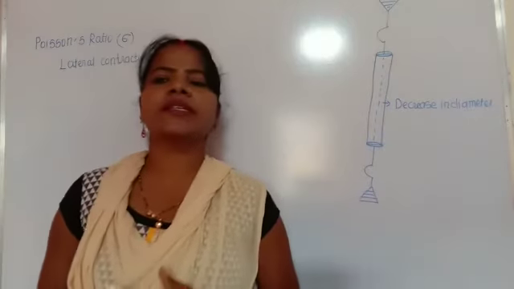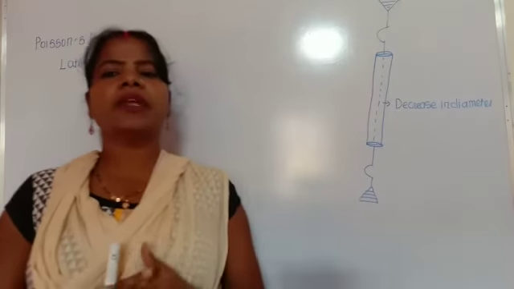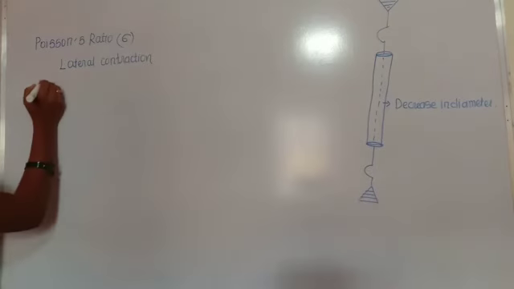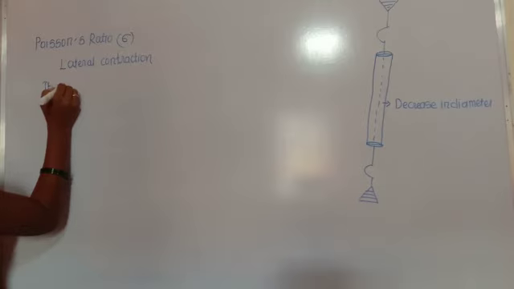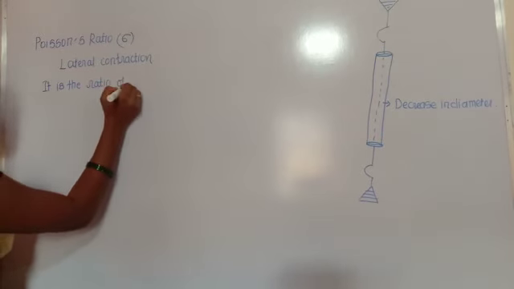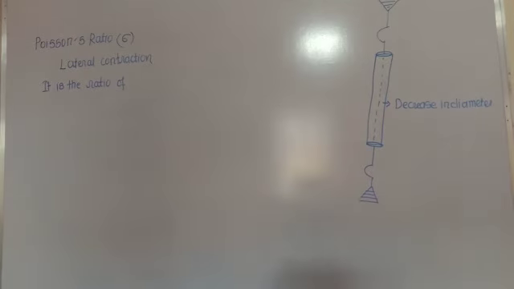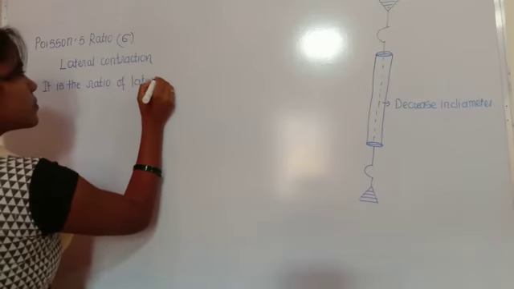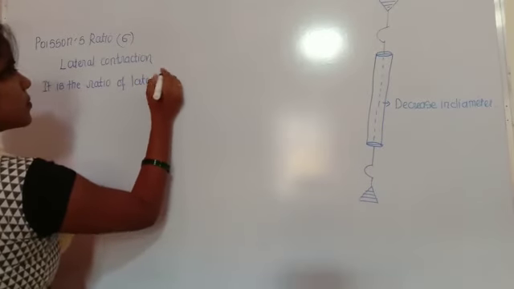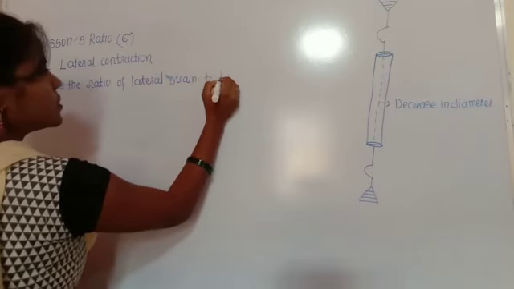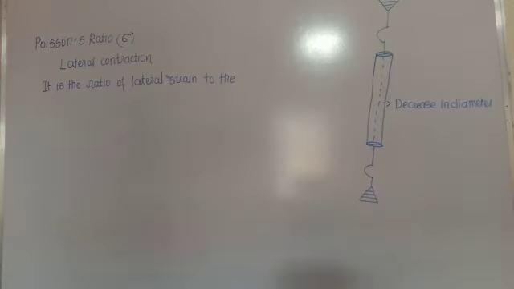So Poisson's ratio, denoted by the letter sigma, has been introduced. Poisson's ratio is defined as the ratio of lateral strain to the tensile strain, or the longitudinal strain.